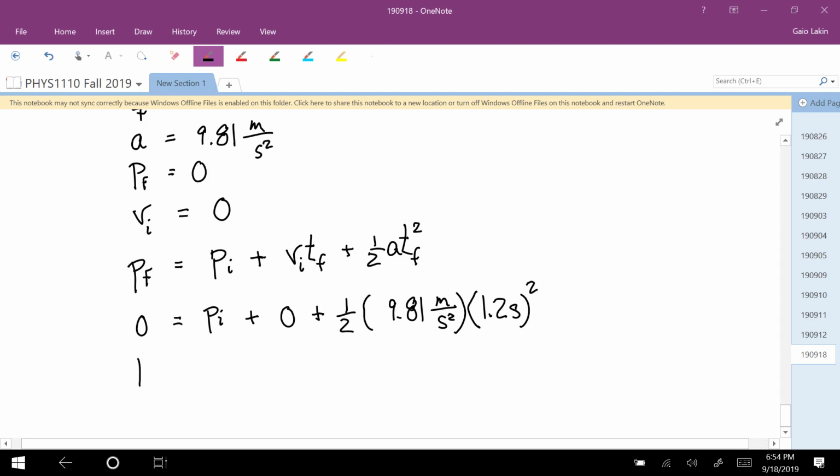And so P initial is equal to, basically I subtracted that uglier term from both sides and then switched which side was which.